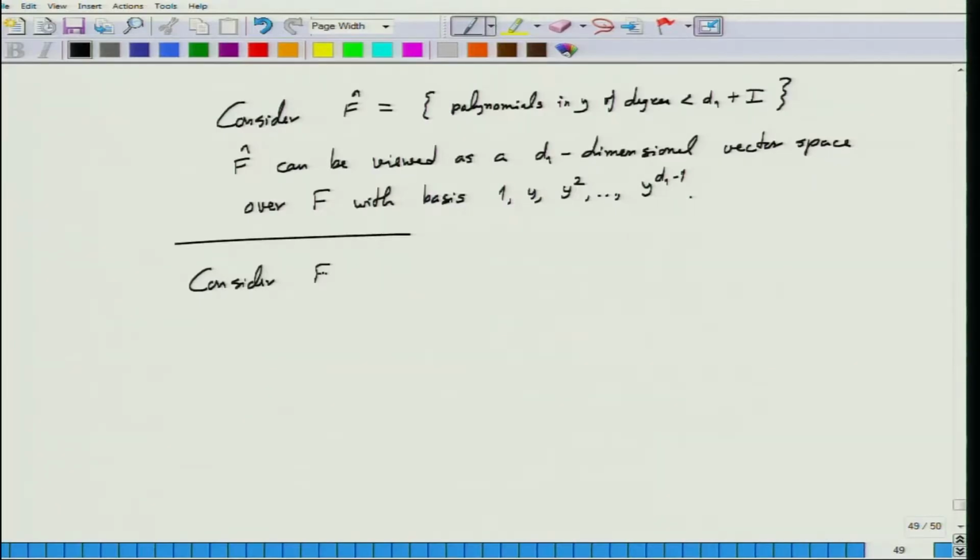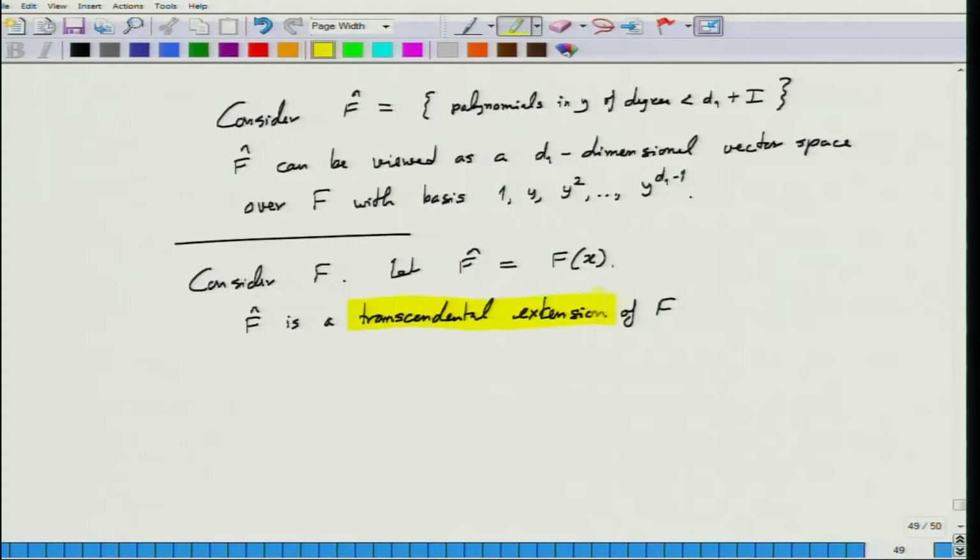So again, start with the field F, and let F hat be the field of all rational functions in the variable x over F. This field F hat is a transcendental extension of it.